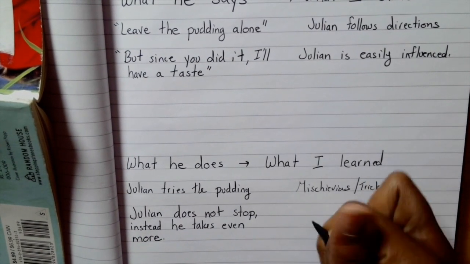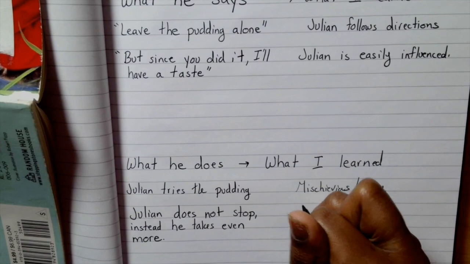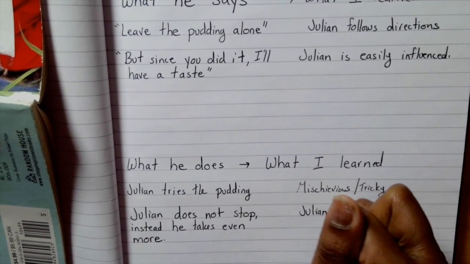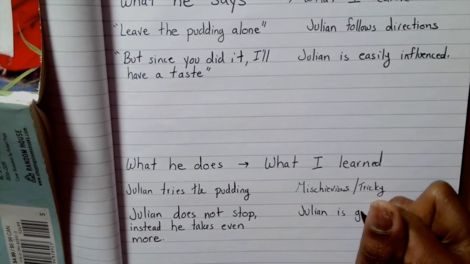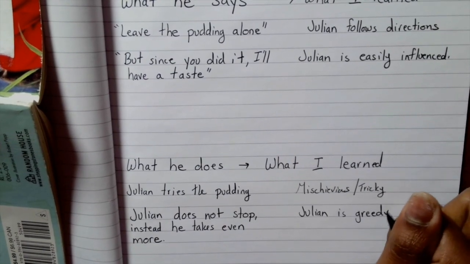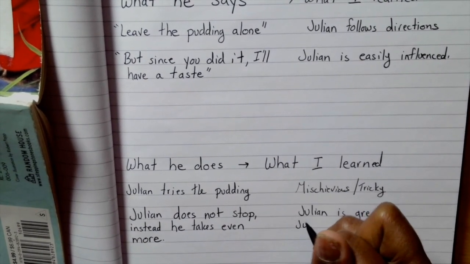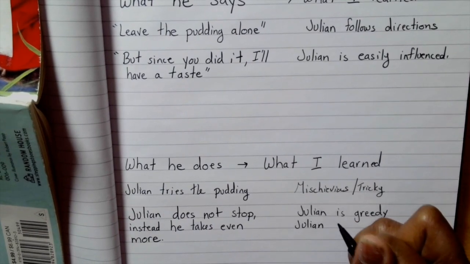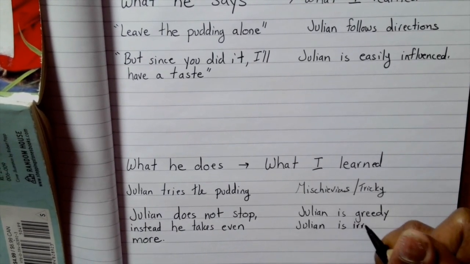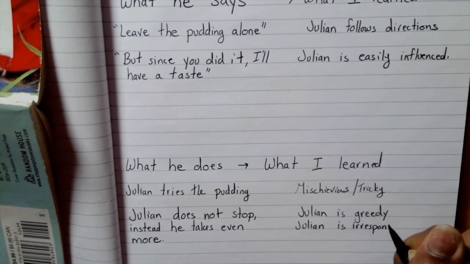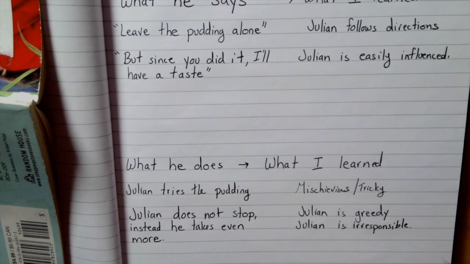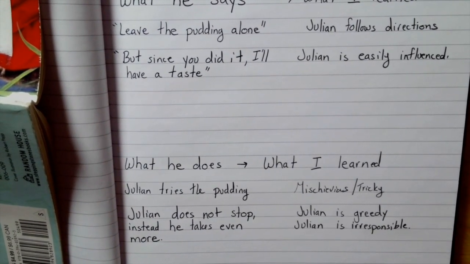So now I could say that what I learned is Julian is greedy. And it's not even his. So I'm going to also add that Julian is irresponsible. As I continue reading, I'm going to continue filling out my chart.